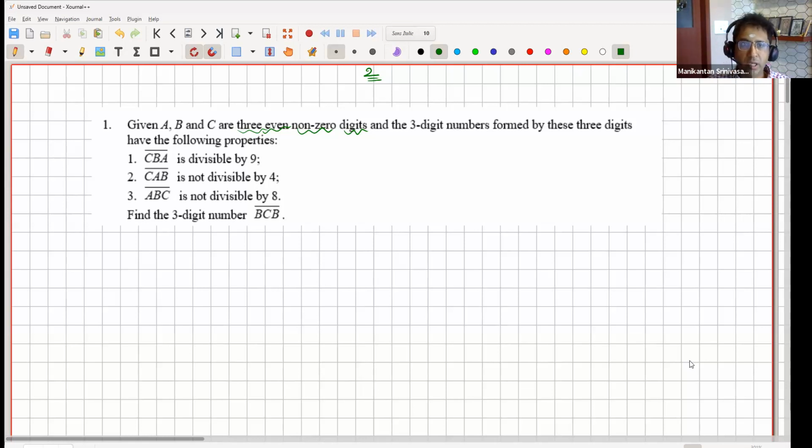And the question does not say about the digits being repeating or not. He didn't say that A is different from B. So unless he states that, don't go with any such assumption.